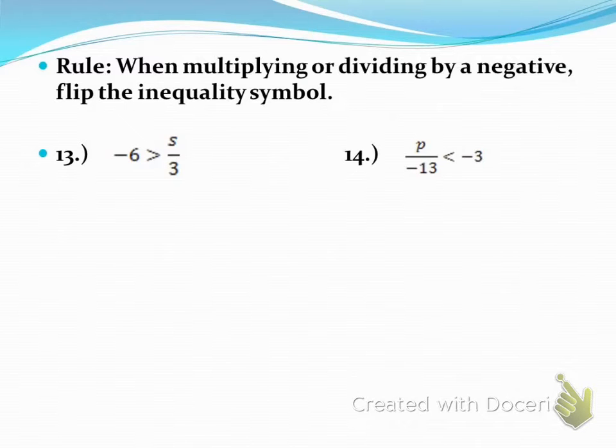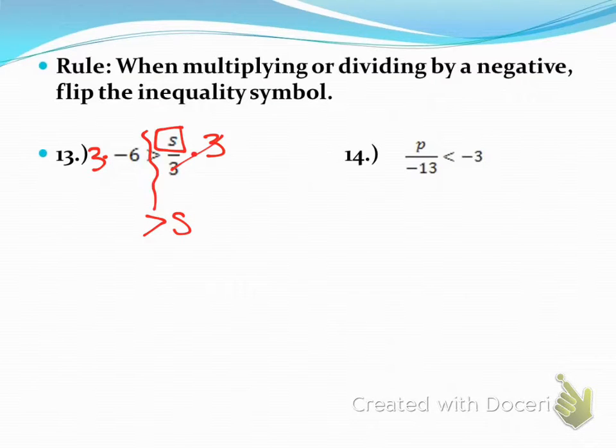On number 13, we're trying to get the variable by itself. In order to do that, Kelby, what will I do to both sides? Multiply it by 3. Did I multiply both sides by a negative? No. So I do not need to flip my inequality symbol at this step.